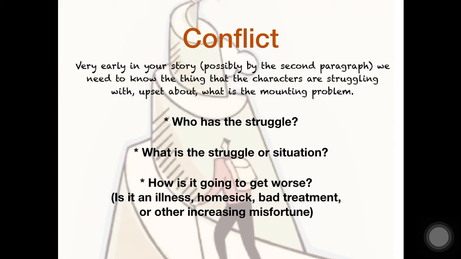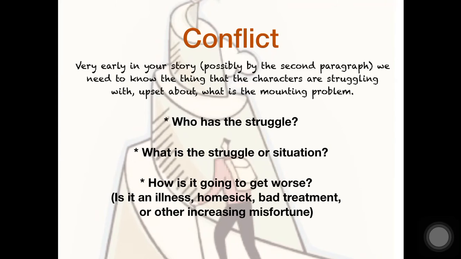Is the character homesick? Is there bad treatment for the character? Or what other increasing misfortune or problem or trouble is going to happen in your story? So those are the three things that you need to consider as you are building your conflict and revealing this conflict to your reader right off the bat, okay?